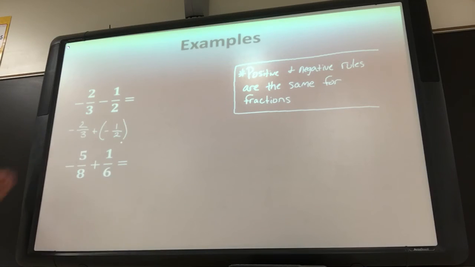So we're going to add these two, but in order to add, we need to get a common denominator. And for 3 and 2, the least common denominator would be, Charlie? 6. So just do 3 times 2 and 2 times 3.